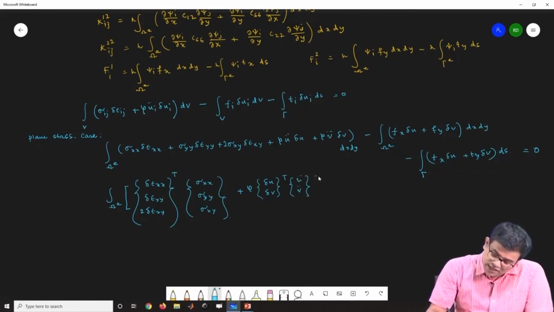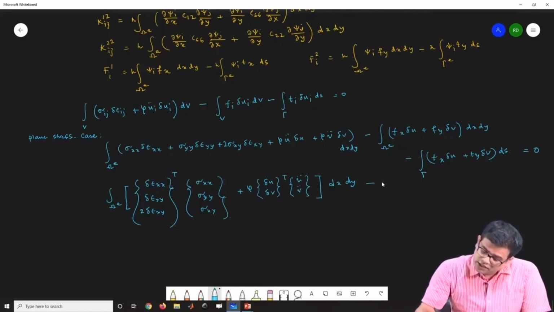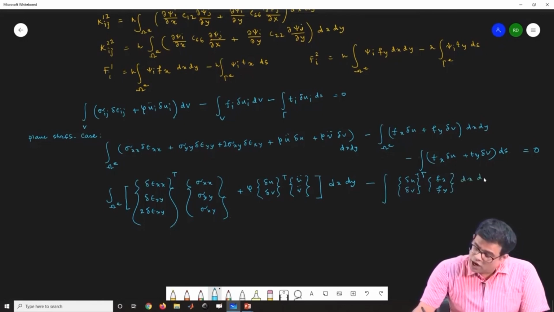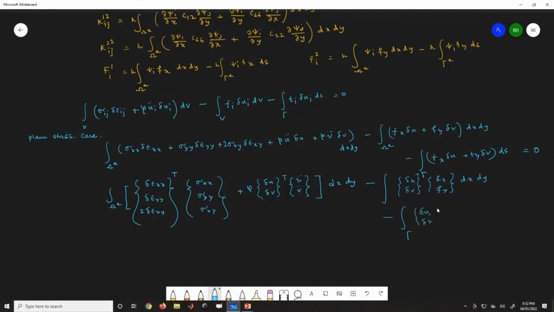Then delta u and delta v transpose into fx fy dx dy, minus the integral over gamma of delta u delta v transpose into tx ty ds, equals 0. So I write this as a matrix equation.